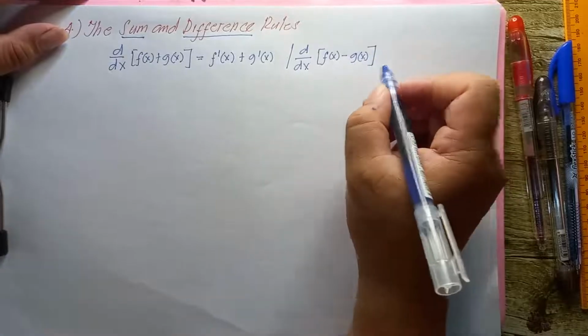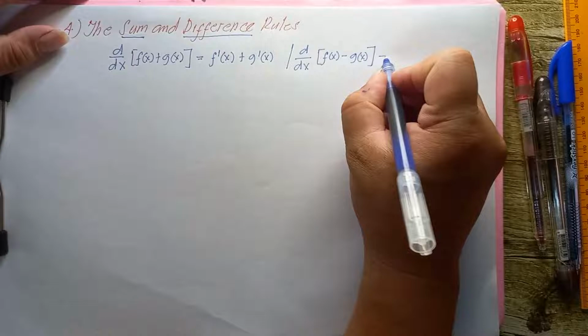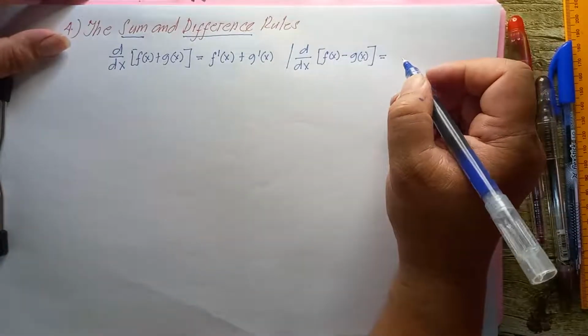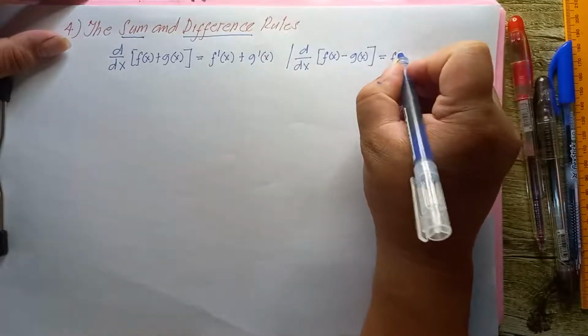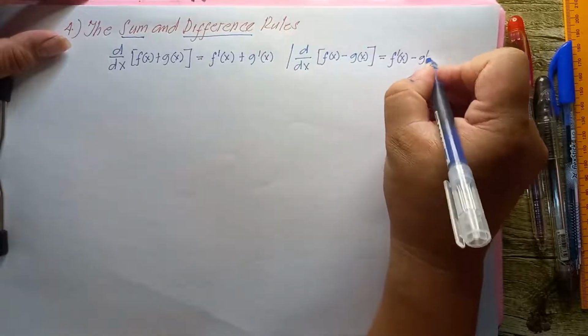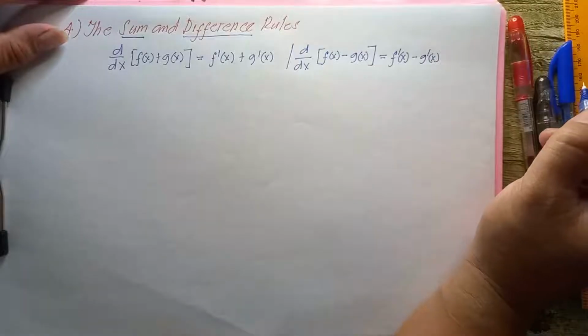Now, what is the derivative? Of course, the derivative is equal to the difference of their individual derivatives. So that is the same as saying f prime of x minus g prime of x. So that is their derivative.